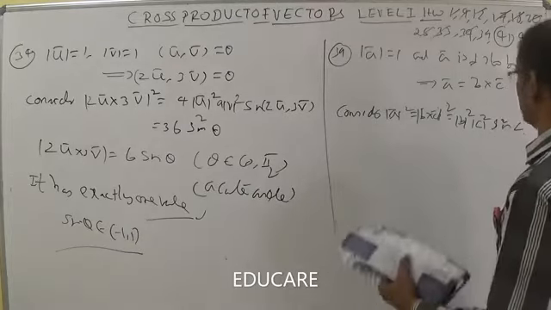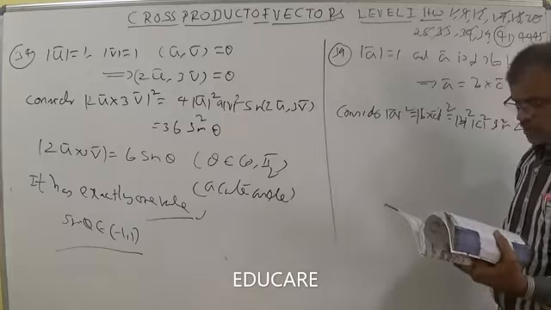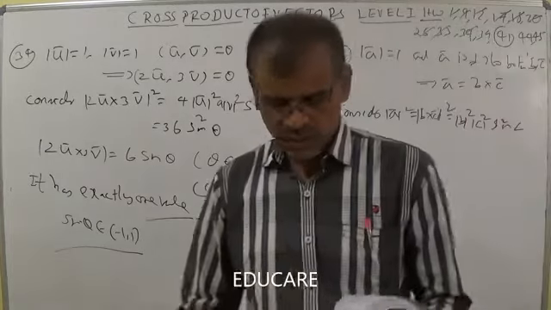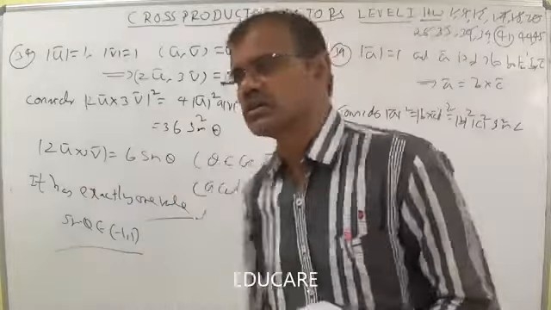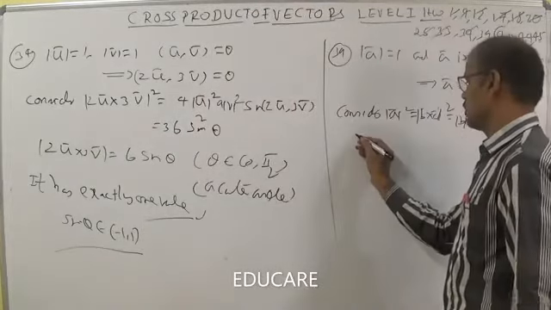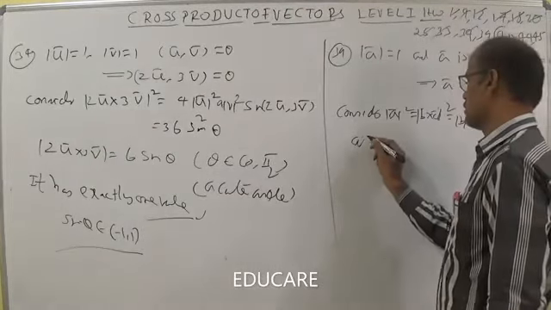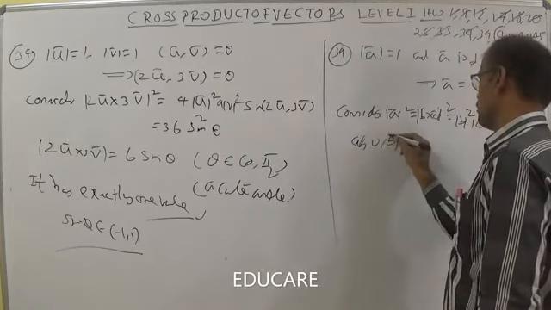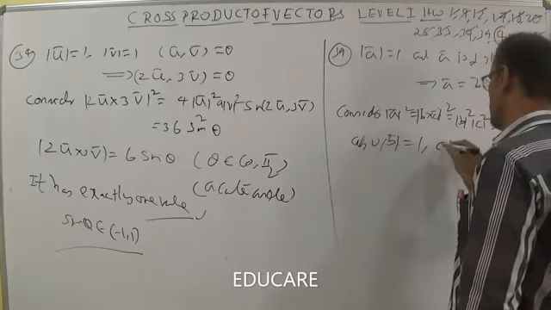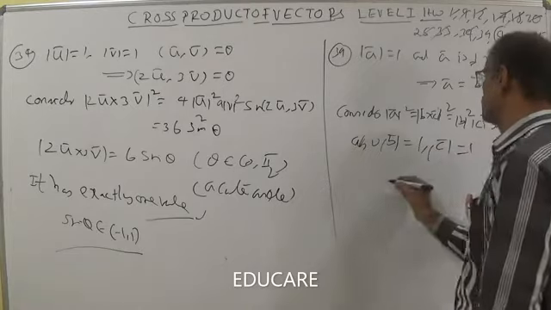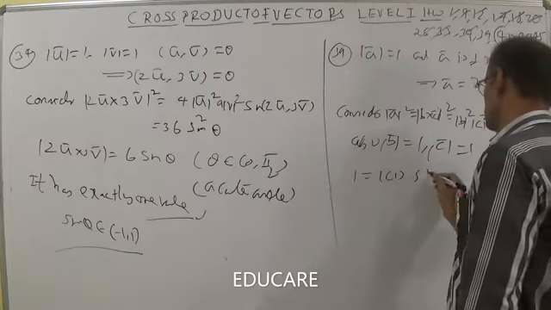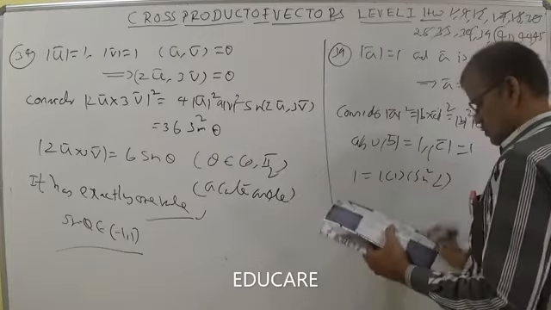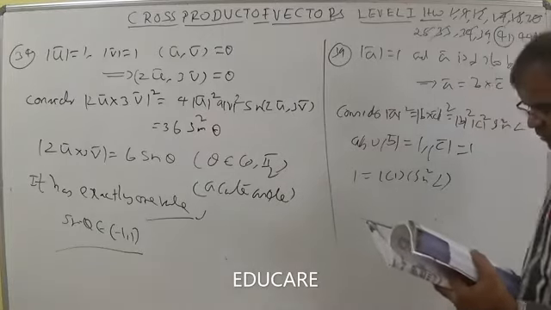You need not worry that they are perpendicular, just read the question. A bar is a unit vector perpendicular to unit vectors B bar and C bar. Also he has given mod B bar is equal to 1 and mod C bar is equal to 1. So 1 is equal to 1 into sin square alpha.